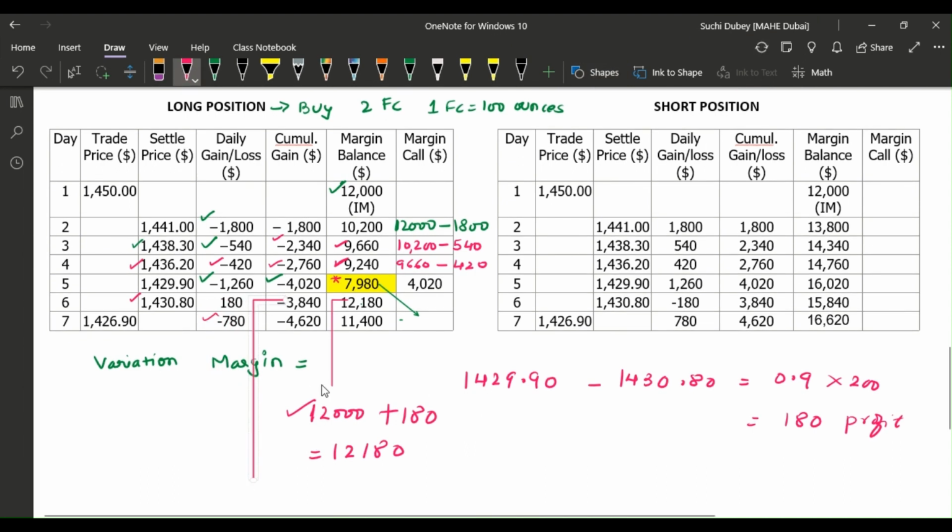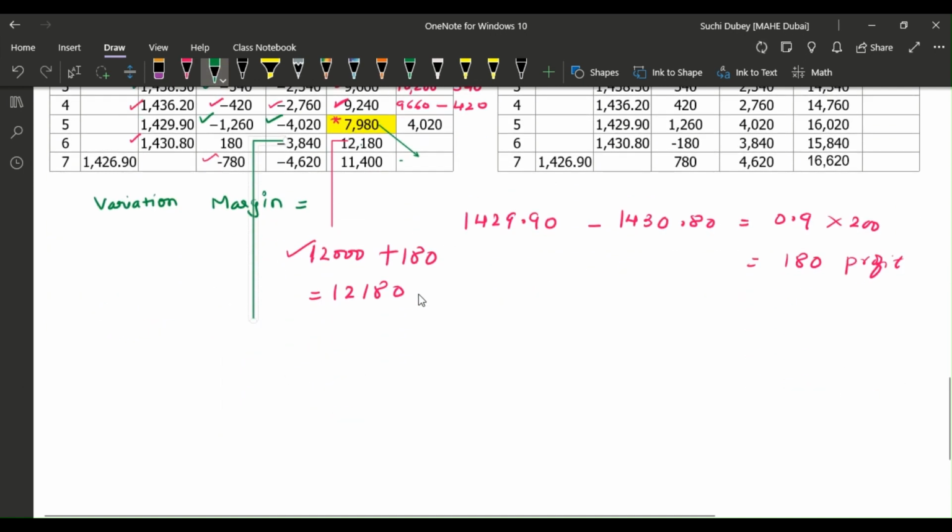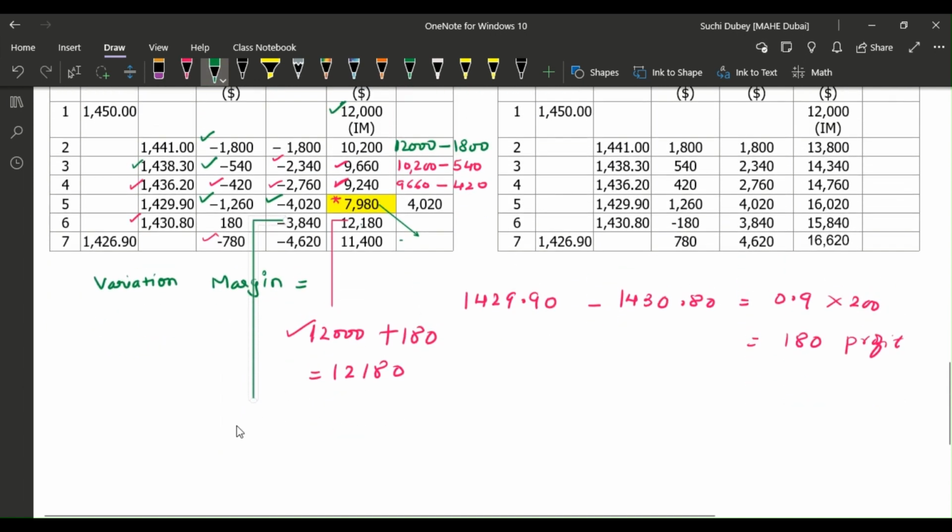So I'll show you here what the overall loss was. 4020, correct? I had a gain of 180. So when I have a gain of 180, what will happen? This was in minus, correct? I had a gain, so this will become plus.